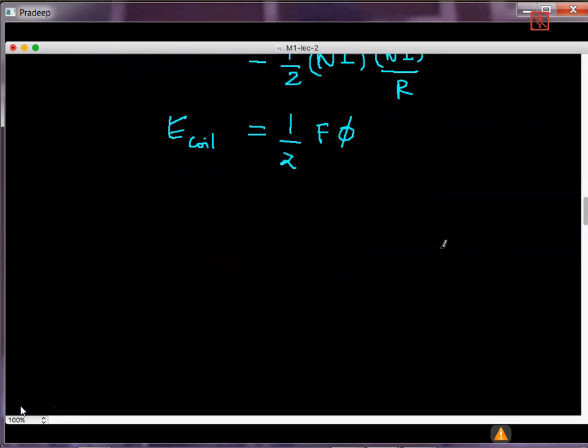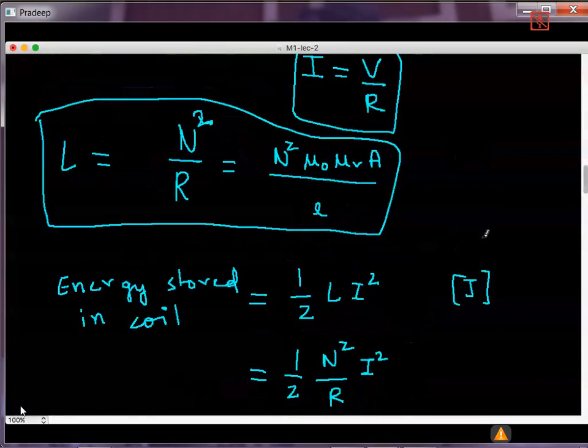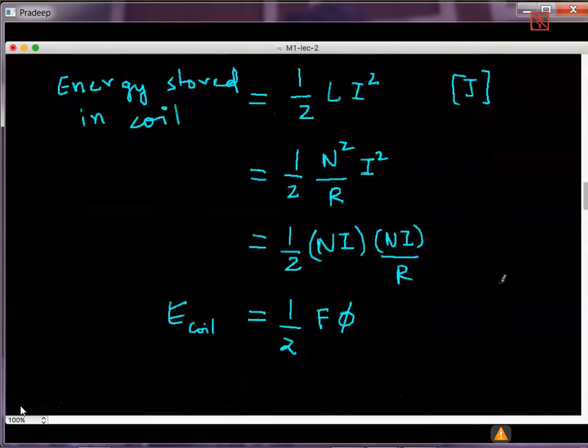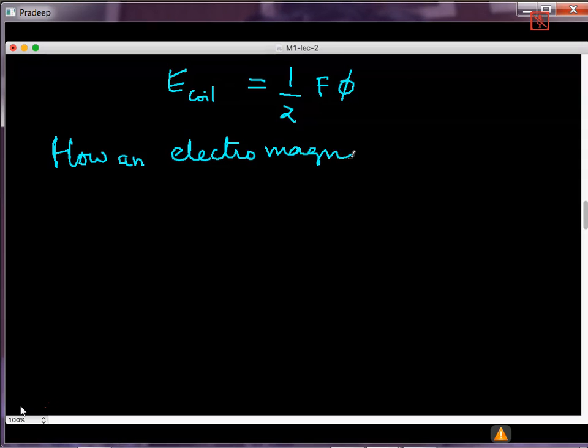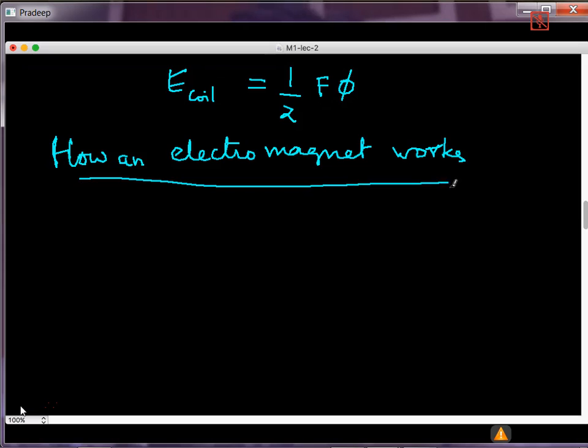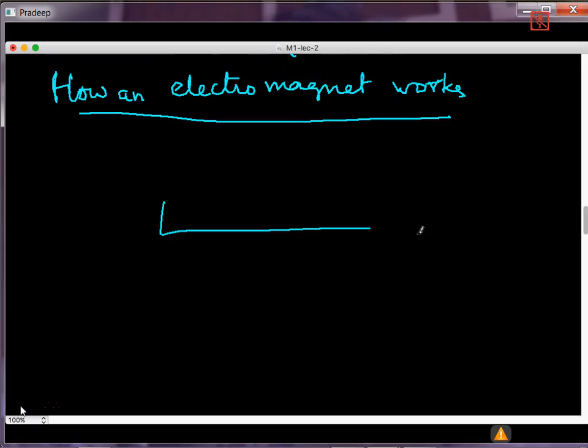Now I think we have all the basics available for us to study how a coil works, or let me call it an electromagnet. So how an electromagnet works is, let's say this is a bar and I have the winding on it.